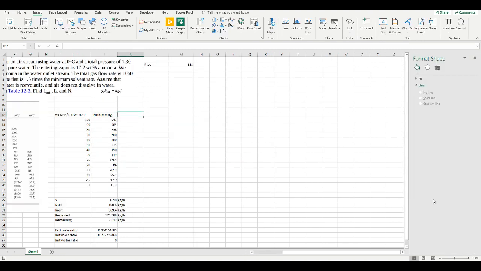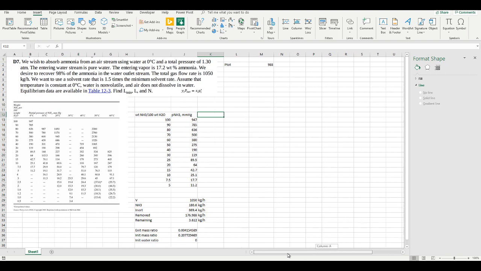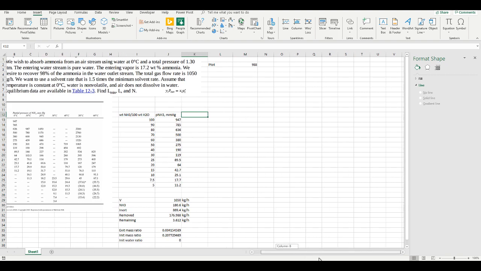Okay, so the next step now is to draw out the equilibrium graph. In this case, it is a little bit complicated because of the unusual units that this equilibrium relationship is written in, but let's do it. First of all, we have this weird weight ratio, and this is actually what we want.